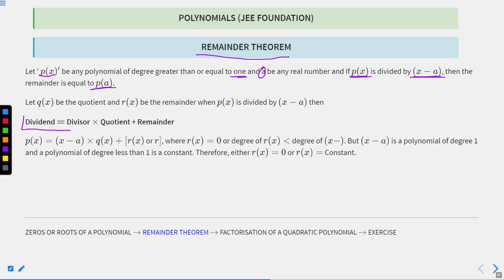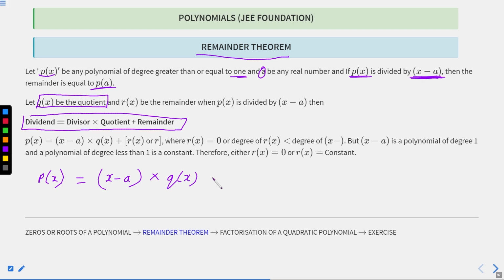So this you all know: dividend equals divisor times quotient plus remainder. So I can write my polynomial p(x) equals, if p(x) is divided by, that means this is my divisor, so x minus a is my divisor, then there must be some quotient. I am saying the quotient is q(x). Okay, so now there will also be some remainder left.